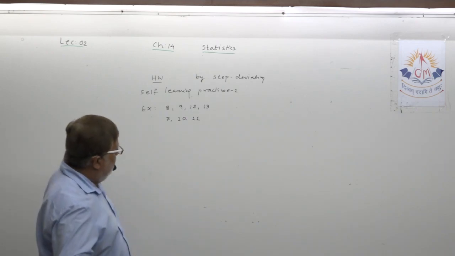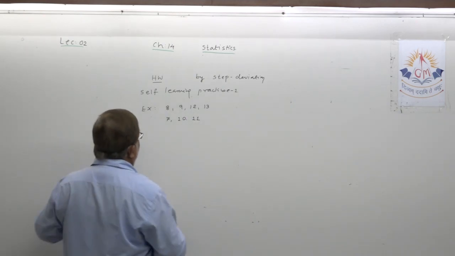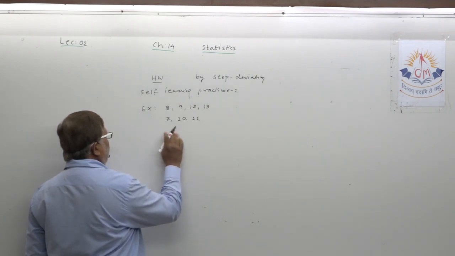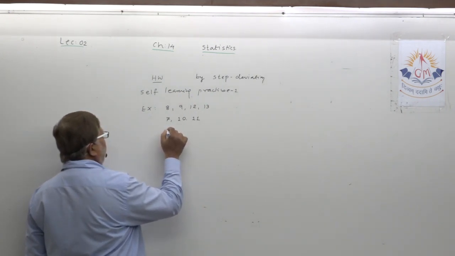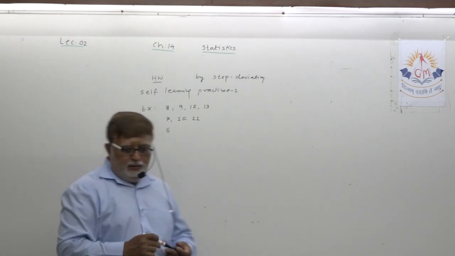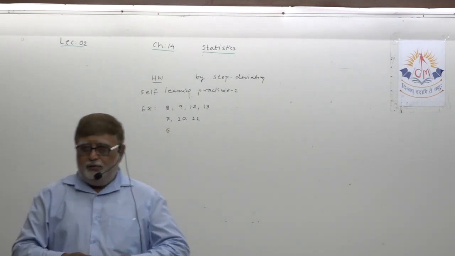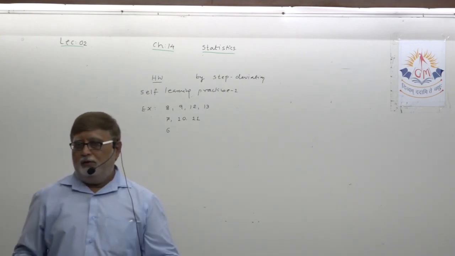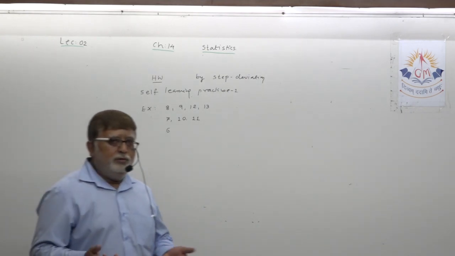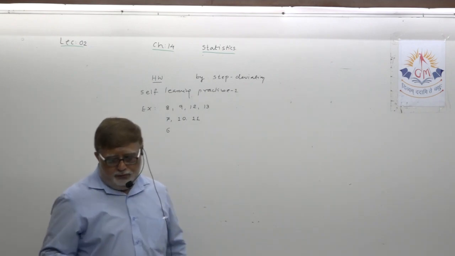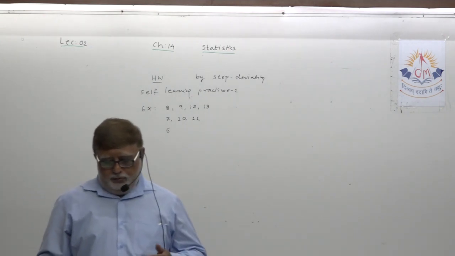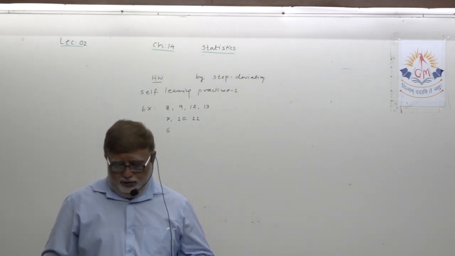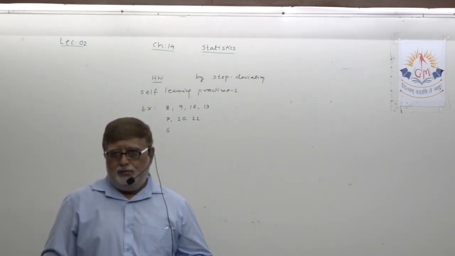Now dear student, one more example, number 6. You verify that particular example number 6. You are seeing that this example is neither continuous data nor discrete data, with no regular class length at all. See, 0 to 6, then 6 to 10, 10 to 14, till here the class length looks like 4.